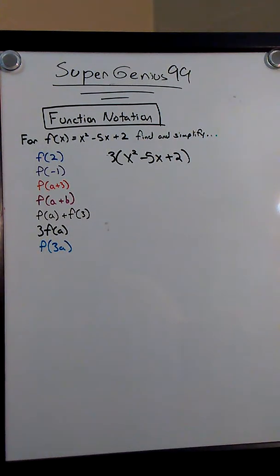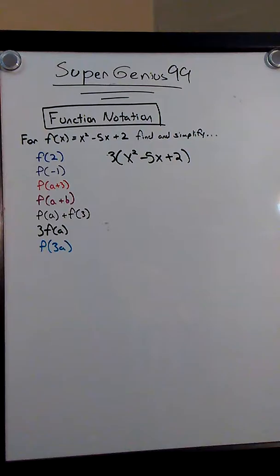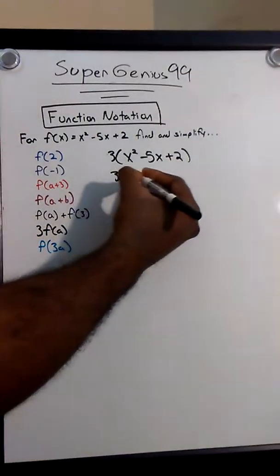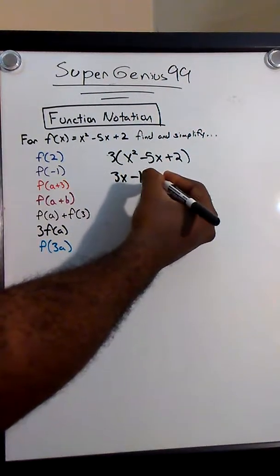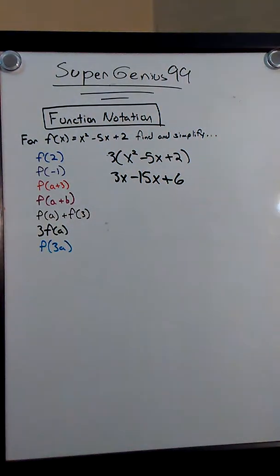Next we have 3 times f of a, this one right here. So this says multiply everything in the function times 3. So then we have 3 times the function. So just distribute your 3 and what do you get? 3x squared minus 15x plus 6.